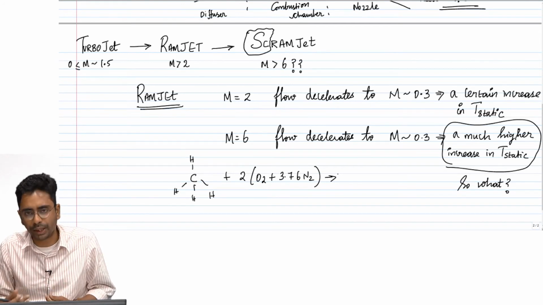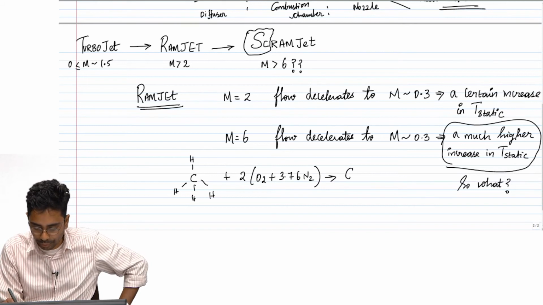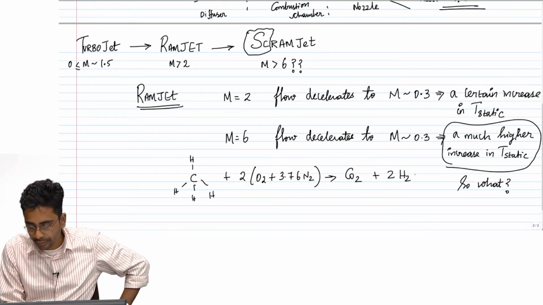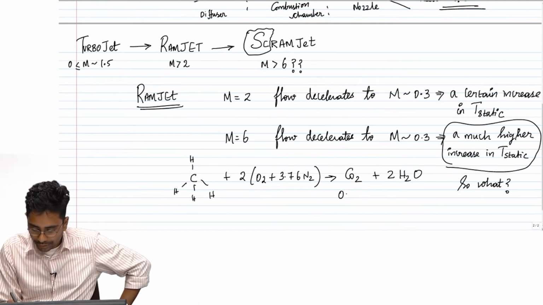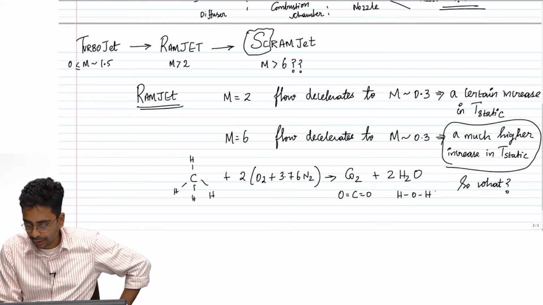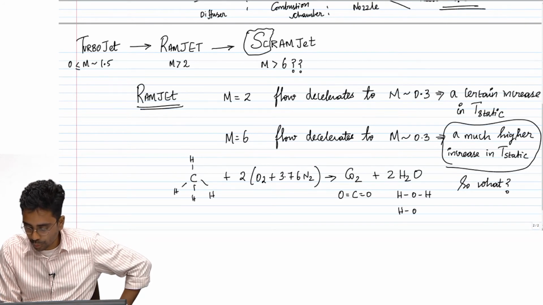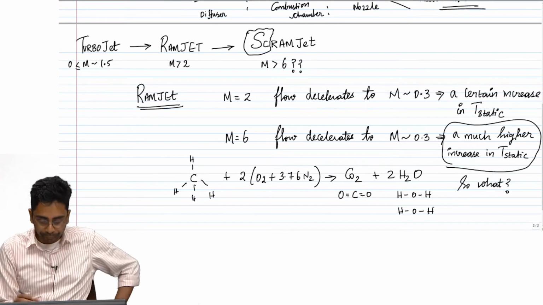I am not saying the only products are CO2 and H2O. There will be other products, but the primary products are CO2 and 2 H2O. These are the products.